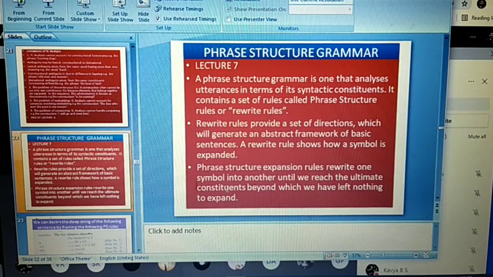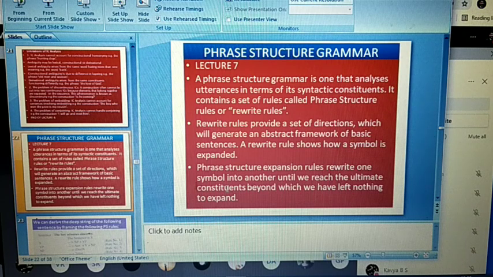So in phrase structure grammar, I'm just giving you a nutshell or a gist of what it is. In phrase structure grammar, the grammarian makes a lot of structures, called phrase structures or rewrite rules. Phrase structure grammarians say that the structure of a sentence can be found or learned by looking at all the different phrase structures.